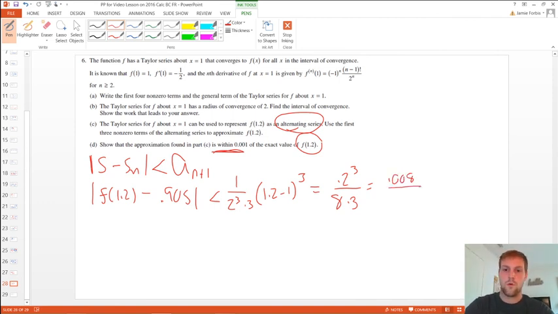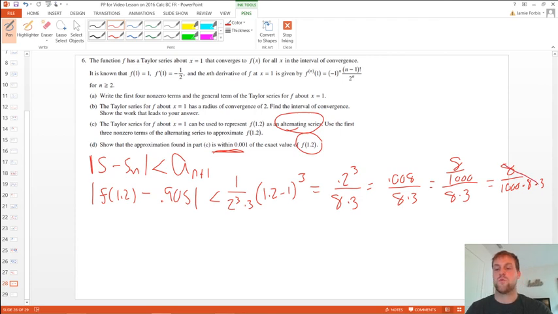That's 0.008 over 8 times 3, which is 8 thousandths over 8 times 3. If you do some same change flip here, that's equal to 8 over 1,000 times 8 times 3. And the 8's cancel. So this is the same thing as 1 over 1,000 times 3, or 1 over 3,000.